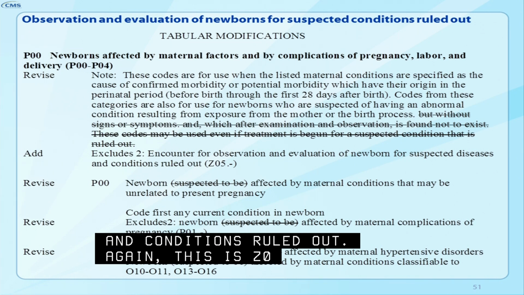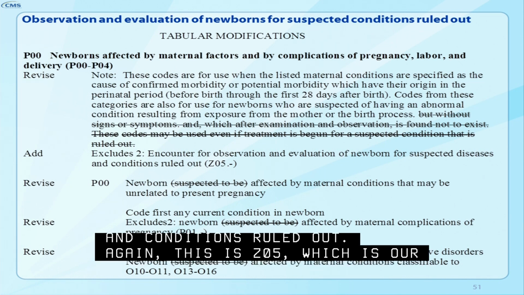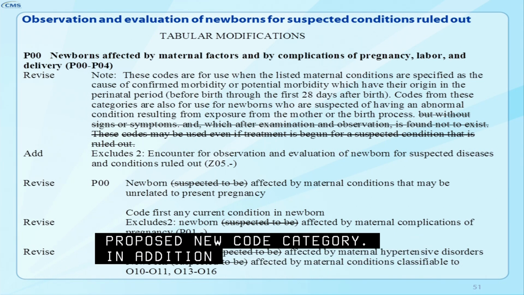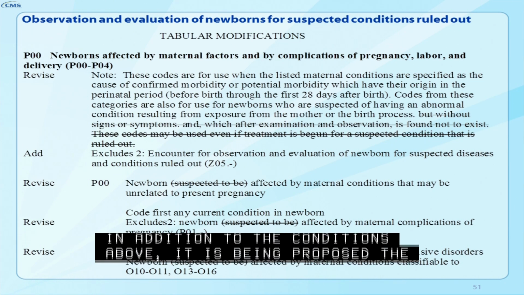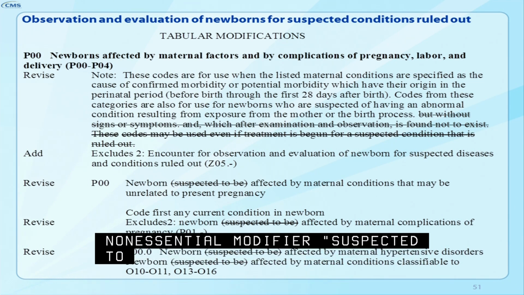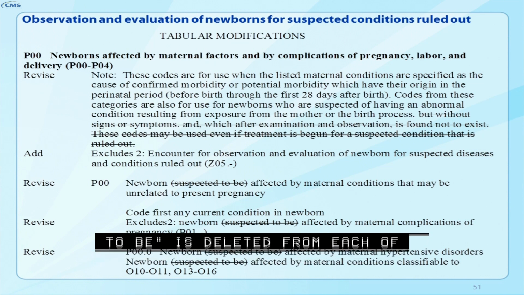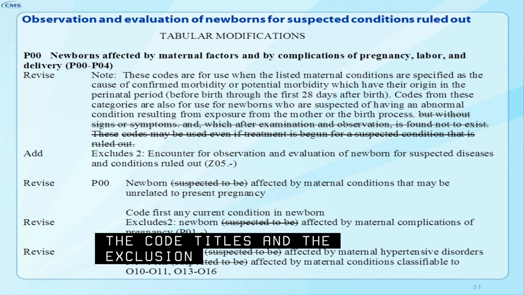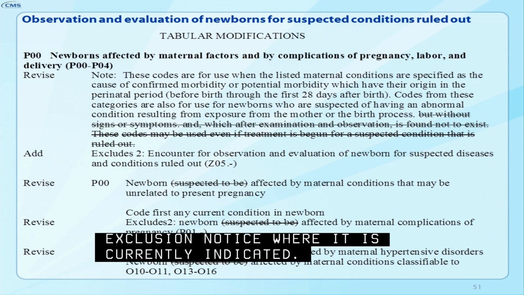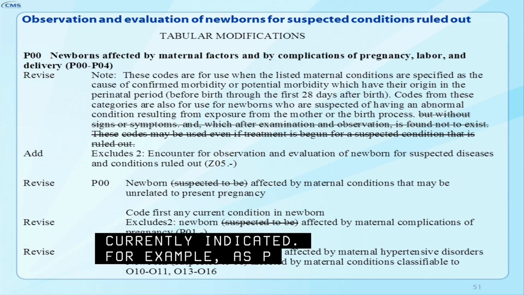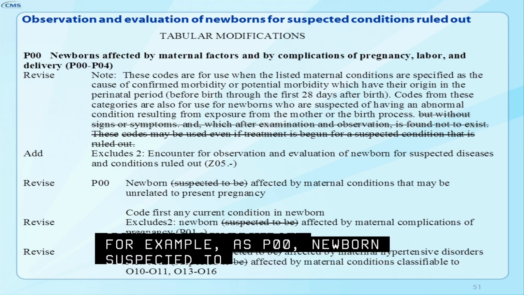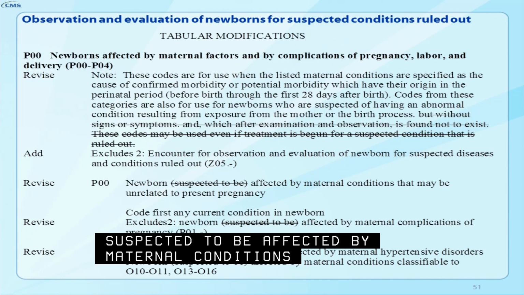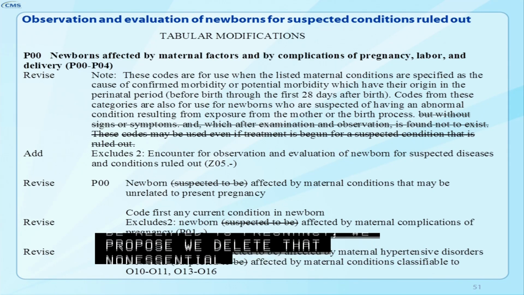In addition to the revisions above, it is being proposed that the non-essential modifier "suspected to be" is deleted from each of the code titles and the inclusion notes where it is currently indicated. For example, at the P00, newborn currently stating suspected to be affected by maternal conditions that may be unrelated to pregnancy, it is being proposed that we delete that non-essential modifier out of any of the code titles and inclusion notes.